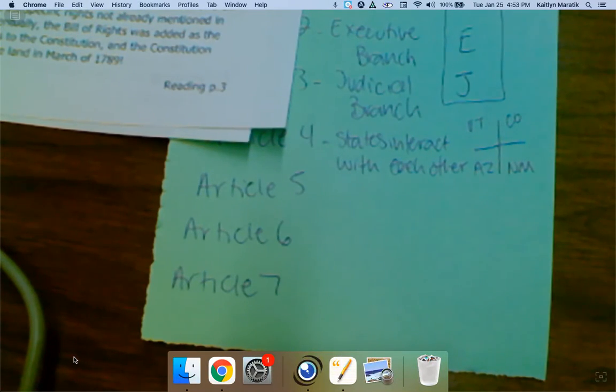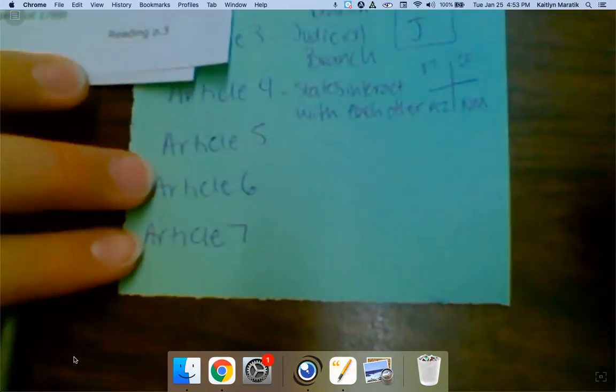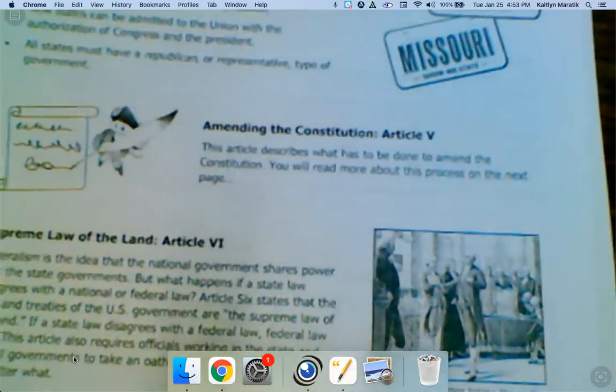I always think back to these guys because they're kind of the 4 corners. It's our states, and it's like our 4 corners of our states that we have here. So it's just kind of a little memory that if we've got 4 corners, we've got 4 states, and it's Article 4. Article 5 is amending the Constitution.